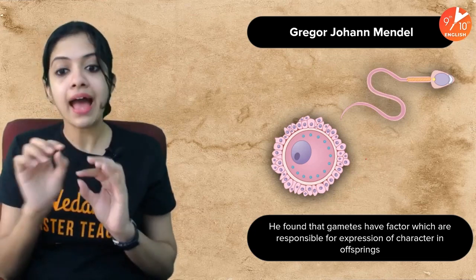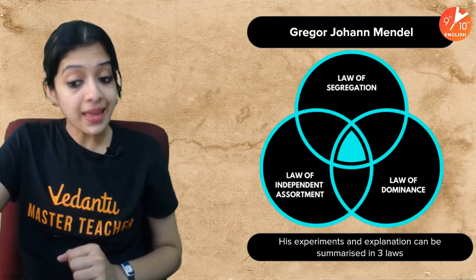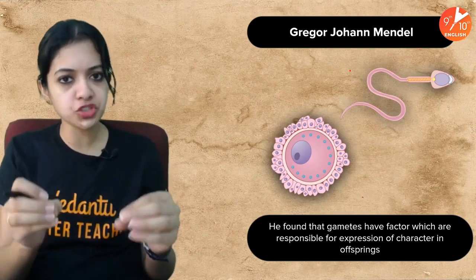Now, Mendel, using his logic and keen sense of observation, found that gametes have something called factors, which are responsible for expression of characters in offspring.